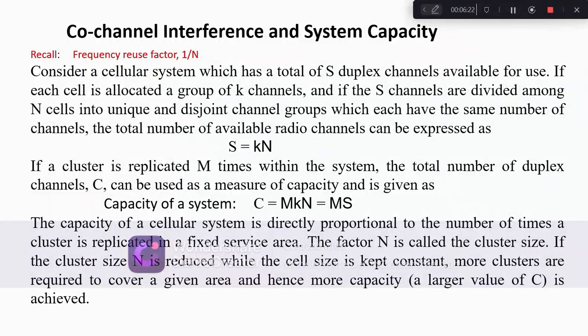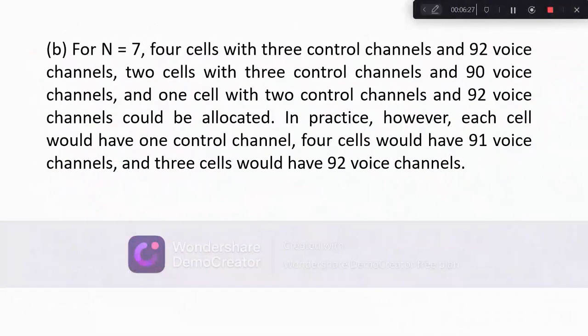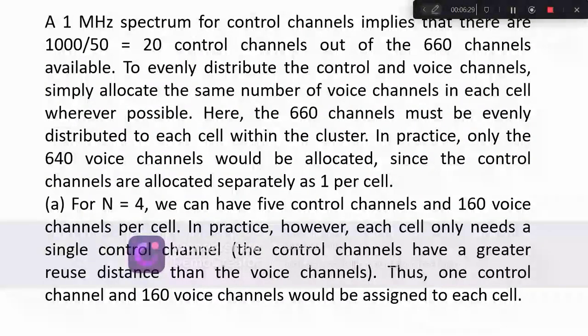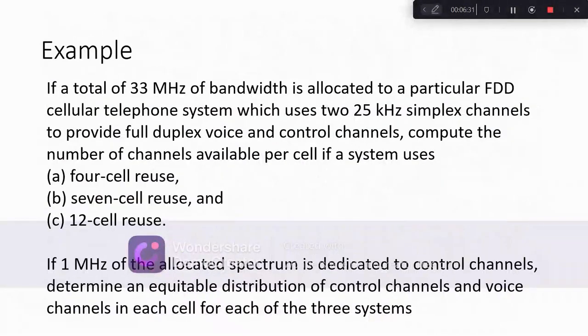Like in this case, the total 33 megahertz bandwidth was there. If you use it only once, 33 megahertz divided by 50 kilohertz is the total number of channels in a very simple situation.